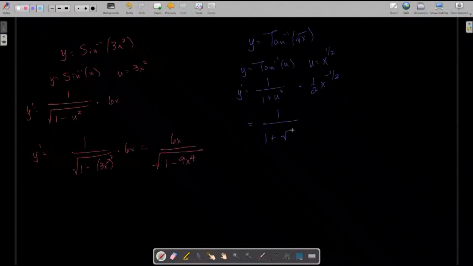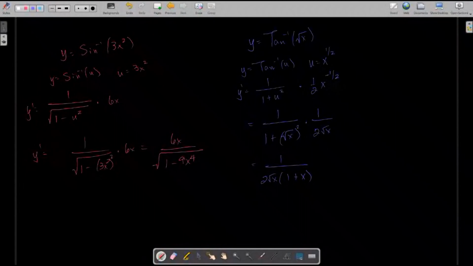So I'm going to be multiplying those two expressions together. So I've got 1 over 1 plus radical x squared times 1 over 2 radical x. That's what it really means to raise x to the negative 1/2 power. And so I've got 1 over 2 radical x times 1 plus x. So this ends up being the derivative of my trig inverse function.